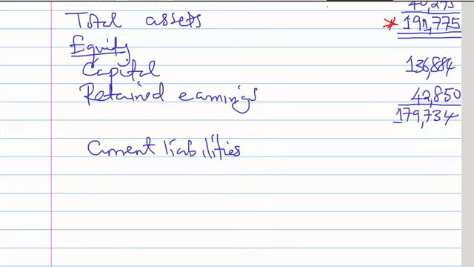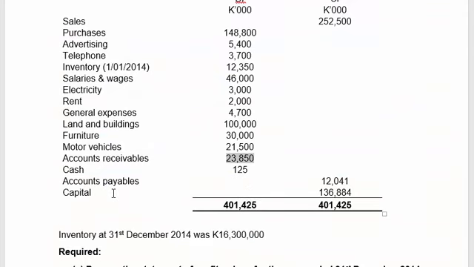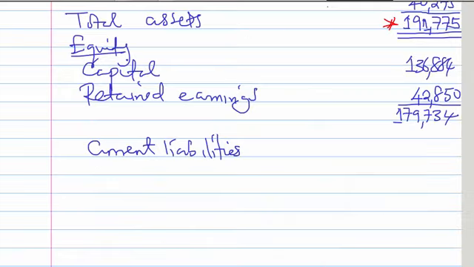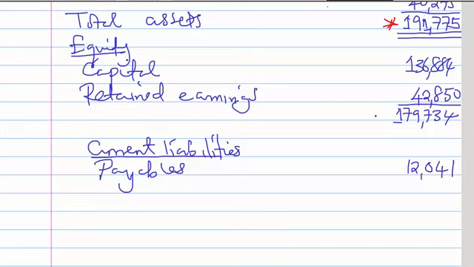When you look at the question, our current liabilities are accounts payable of 12,041,000. So just say accounts payable or payables of 12,041,000.